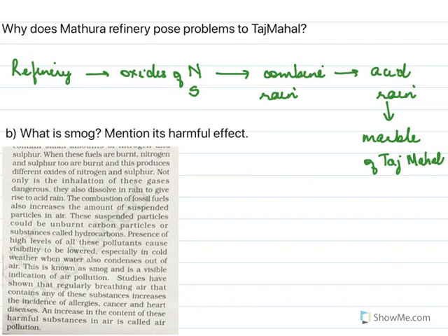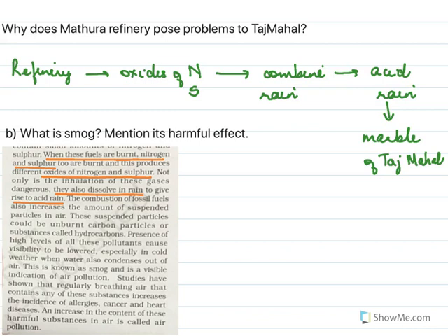What is smog? Mention its harmful effects. When fuels are burnt, nitrogen and sulfur too are burnt, and this produces different oxides of nitrogen and sulfur. Now they dissolve in rain to give rise to acid rain.